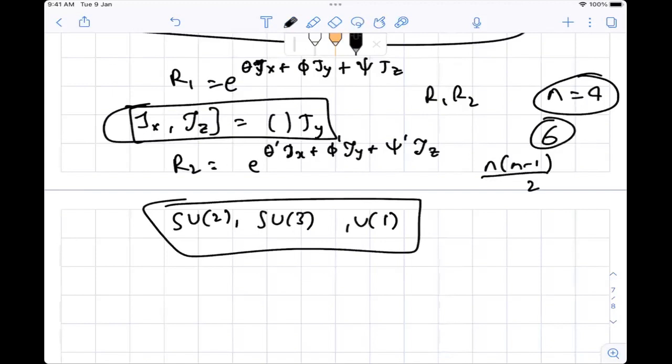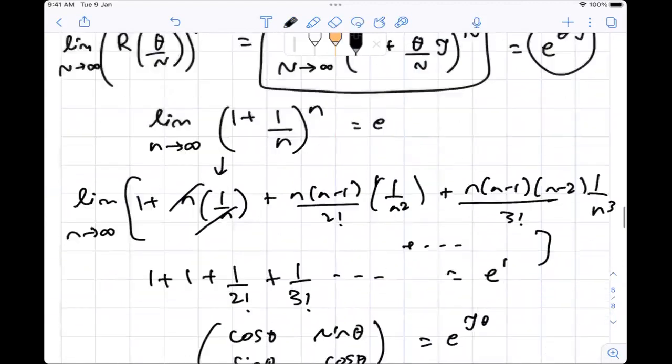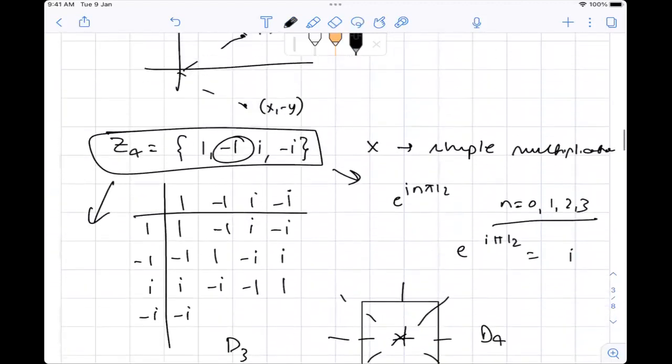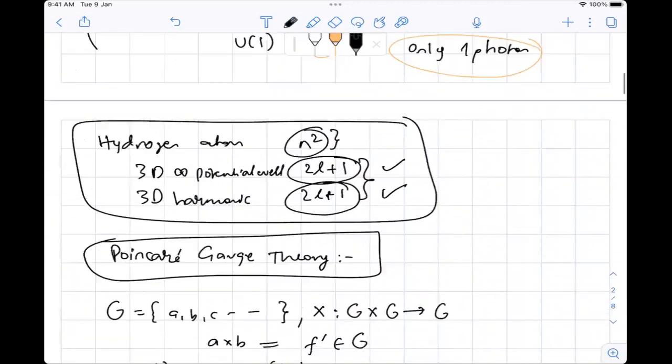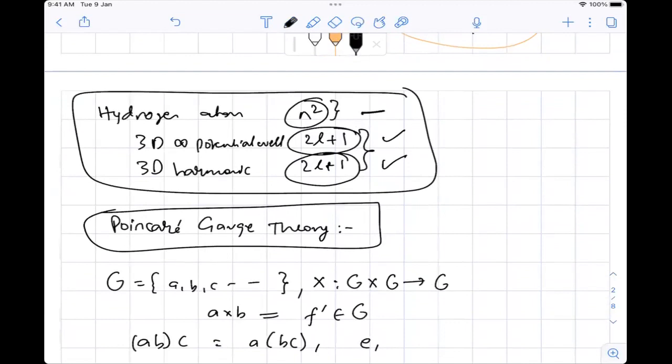But SO3 is very, very useful when you study problems in quantum mechanics having rotational symmetry. As I talked about before, if a system has rotational symmetry, or some sort of symmetry, then it will also exhibit degeneracy. So let me go back to the observation that I talked about before: hydrogen atom has n square fold degeneracy.